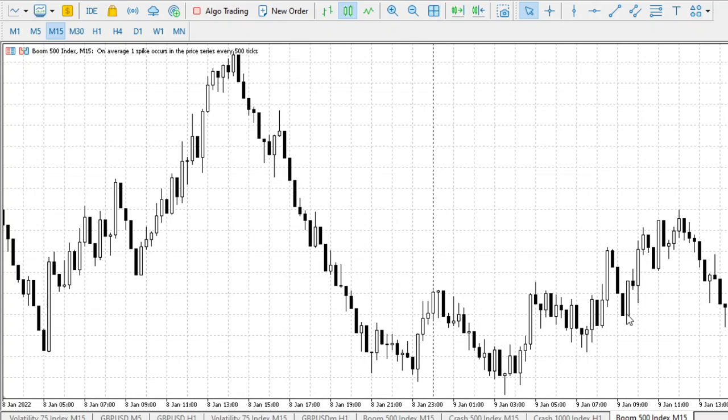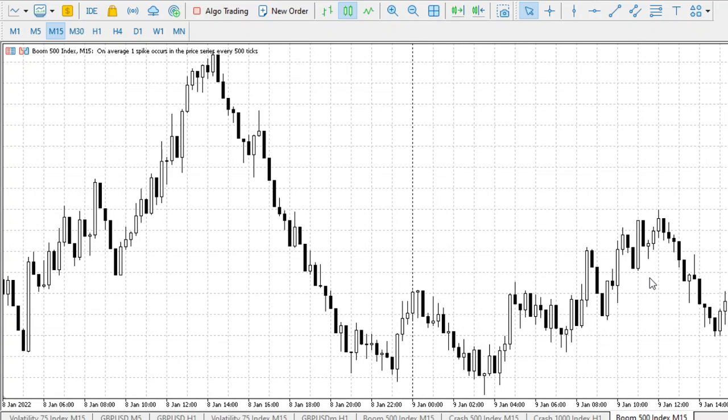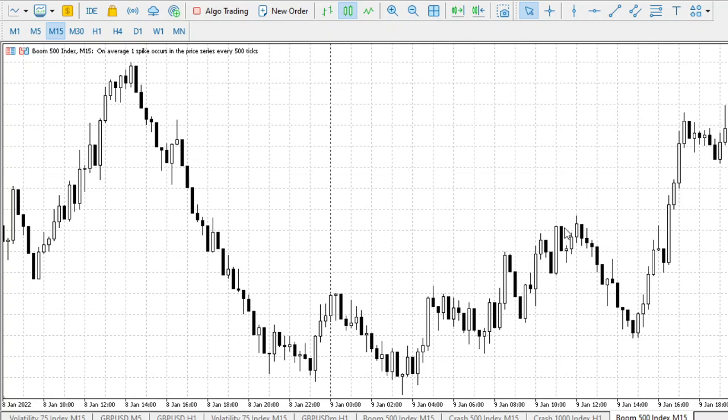Then the market went down, we enter here, aiming for this candlestick. So this will be pure scalping. The market went up. Then when it goes down, we exit, because we don't know how much further it is going to go down.